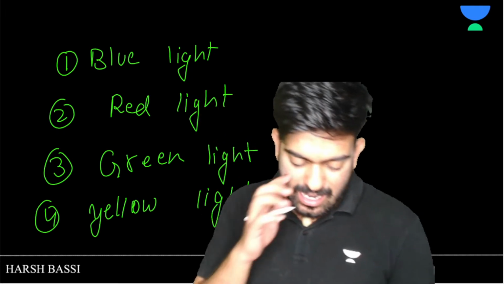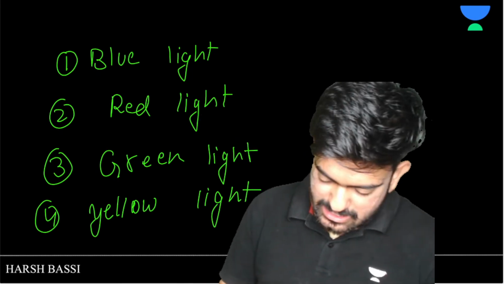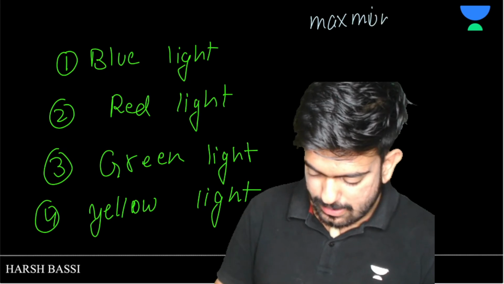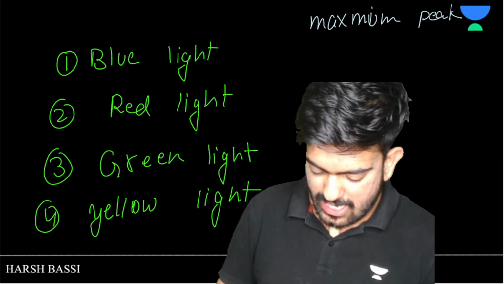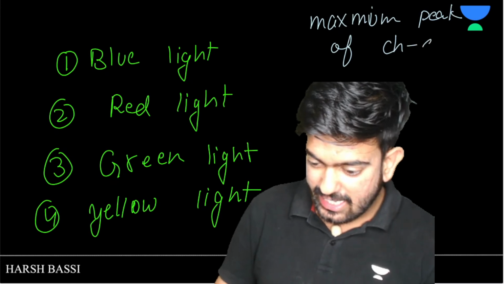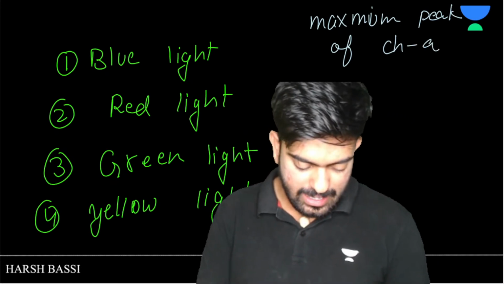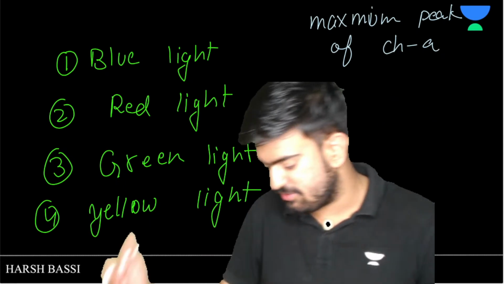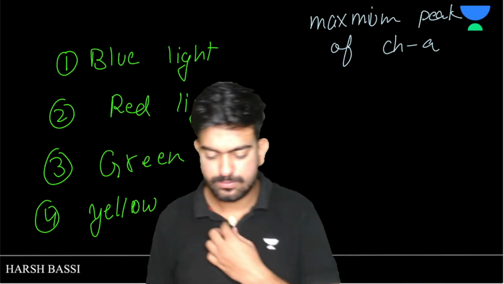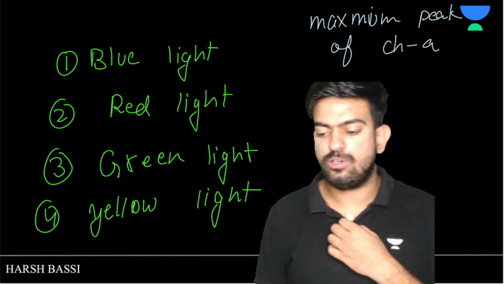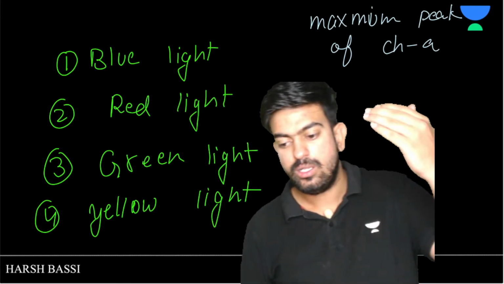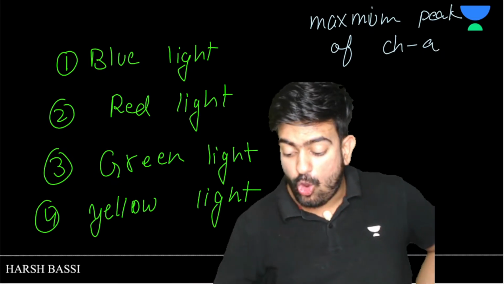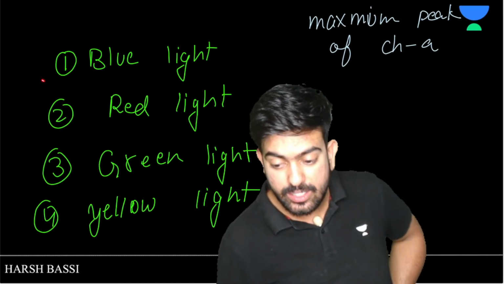Now, in which of these lights is the maximum peak of chlorophyll A observed? Blue light, red light, green light, or yellow light? So, it is observed in blue light.